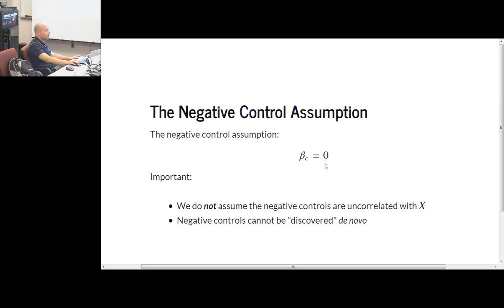This is an assumption about, and this might be slightly too strong of a word, but I'll use it because it's helpful, whether or not the factor of interest actually causes changes in the negative controls. This is saying that the factor of interest does not have any effect on the negative controls. Okay.